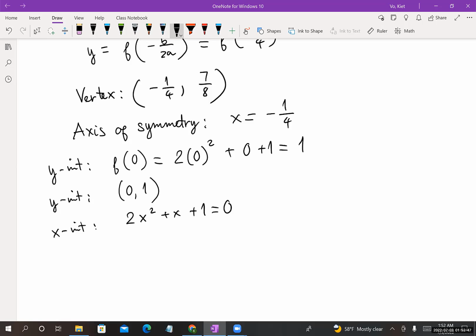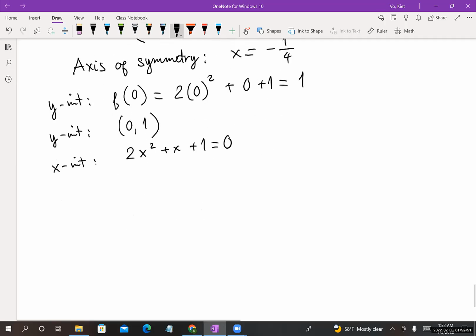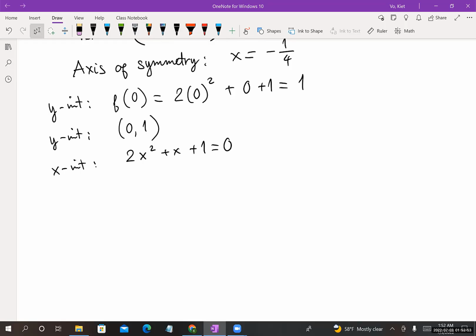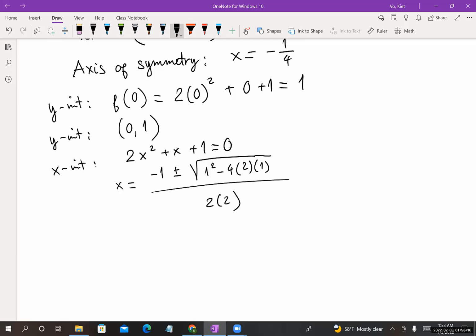This is not factorable, so we're going to use the quadratic formula. x is negative 1 plus or minus the square root of 1 squared minus 4 times 2 times 1, divided by 2 times 2.